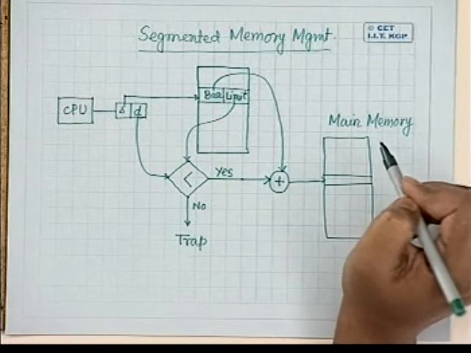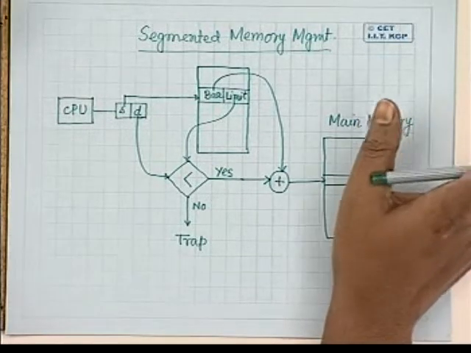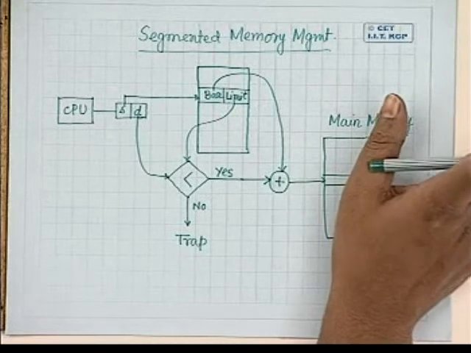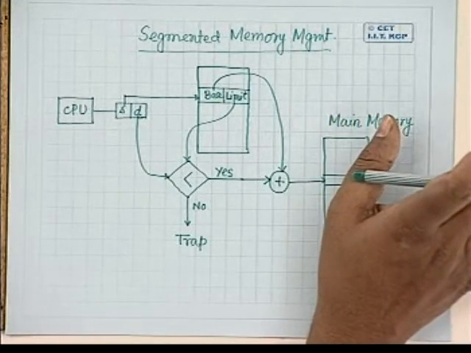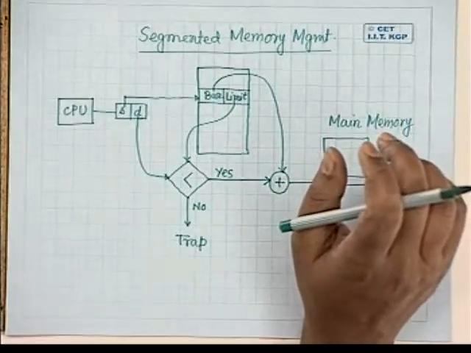In paged memory management, every user program is broken into a number of pages of the same size. Now, if we replace every user program by every segment, every segment will be divided into a number of pages of the same size.